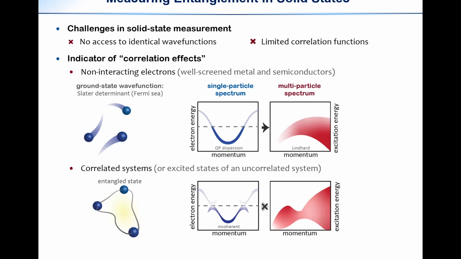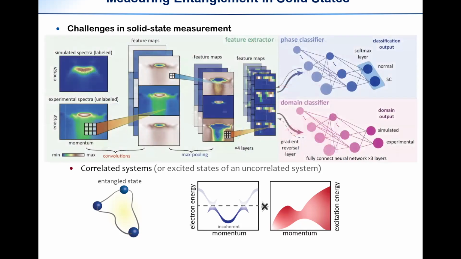So the idea I want to discuss is whether we can use this difference to classify entanglement, not just to show there is a correlation, but to show how strong the entanglement is in the system. This is a point where I want to mention a little bit about machine learning, because we recently had a work using a domain adversarial machine learning neural network to combine experimental spectral data and theoretical spectral data.